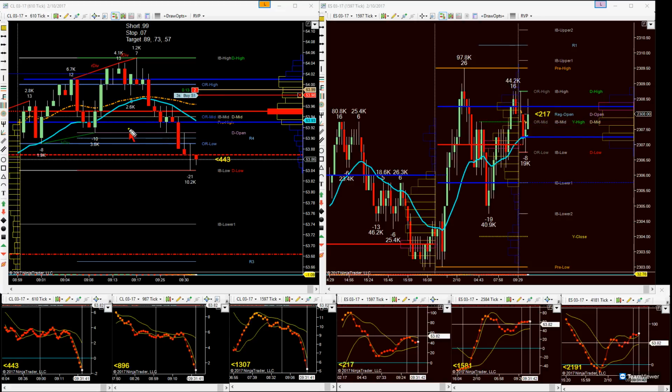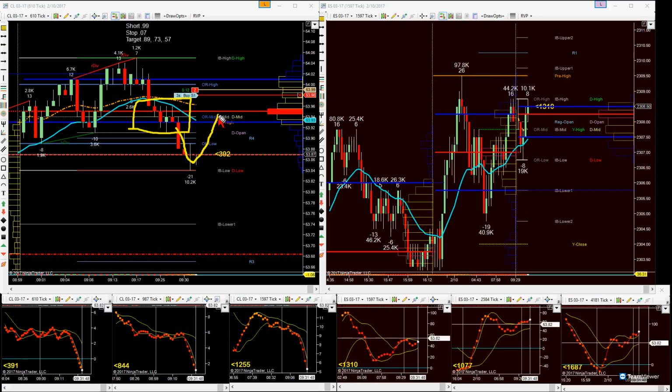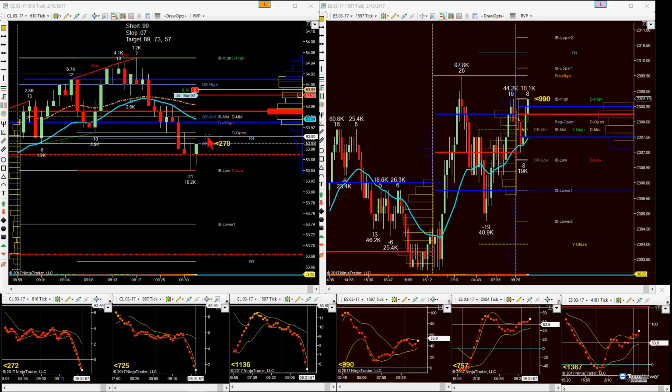Remember, what I'm looking for is this consolidation now to hold. We've pushed through it. I'm okay with the retest into it. I don't want to see a retest through it. That would scare me. So that is why I'm okay moving my stop there.